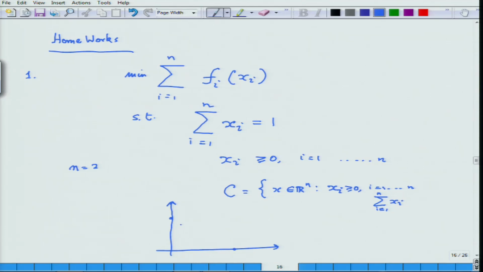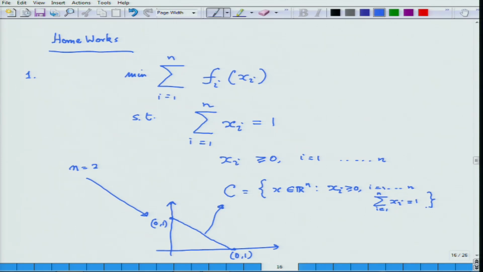So, this is my feasible set C, this line passing through (1,0) and (0,1) and remaining only in the non-negative part. When n is 2, this is your C. The first thing to observe is that this set C is a convex compact set in R^2.